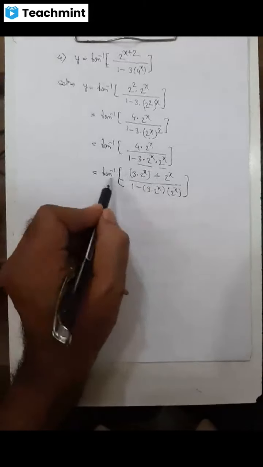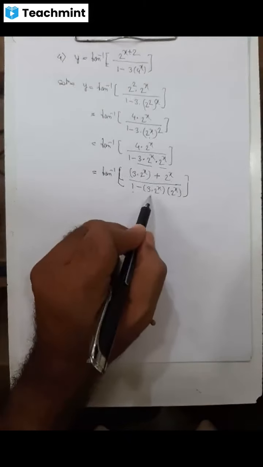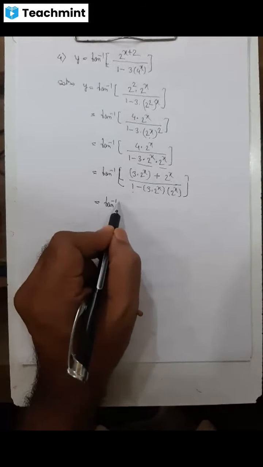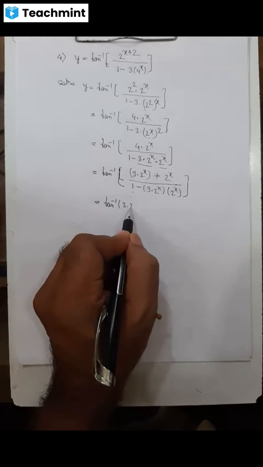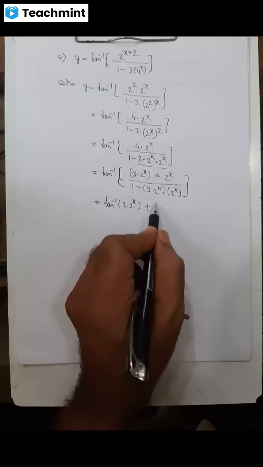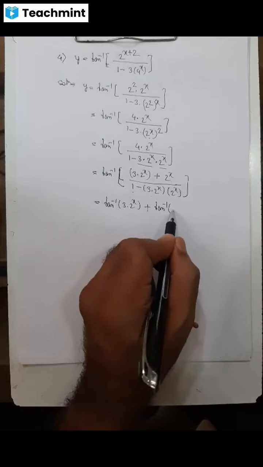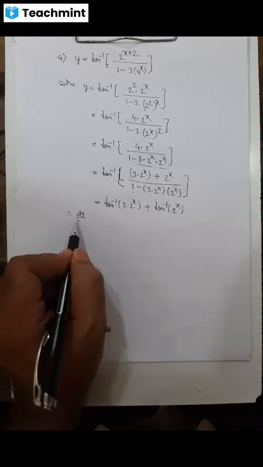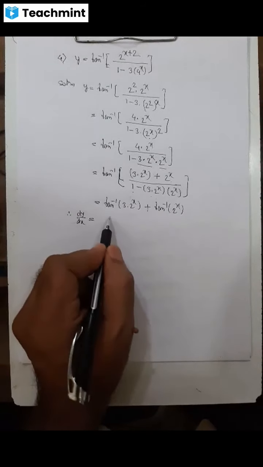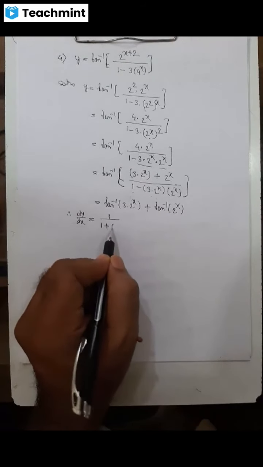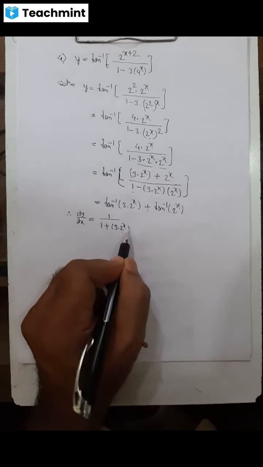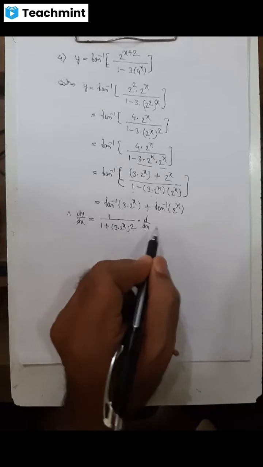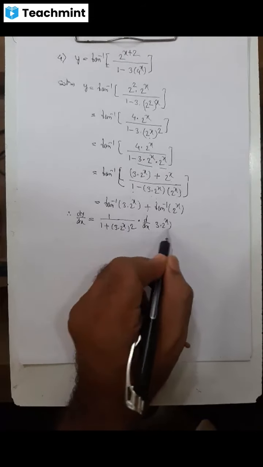Apply formula tan inverse of a plus b divided by 1 minus a into b. So by formula we get here tan inverse a means 3 into 2 to the power x plus tan inverse b means 2 to the power x, and then derivative dy by dx: derivative 1 divided by 1 plus 3 into 2 to the power x square and multiply by derivative of 3 into 2 to the power x.